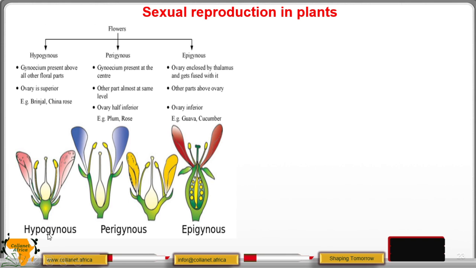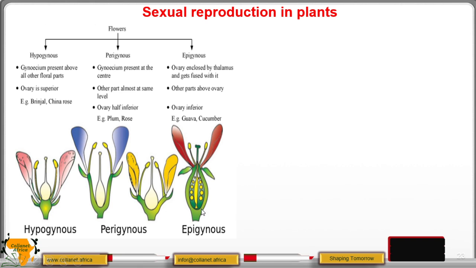So this is hypogenous. We have the ovary or the gynoecium occurring above all these floral parts. And then we have perigenous. We have the other floral parts occurring on the sides of the ovary, and the ovary is at the center of these floral parts.